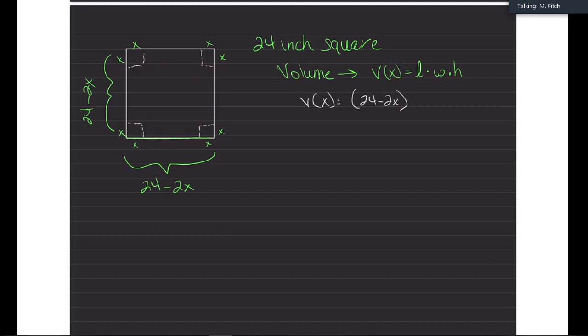My width, same thing, 24 minus 2x. And then my height was how much of those flaps I folded up, so I folded up an x. And then just to clean it up a little bit, I could just write it as like (24 minus 2x) squared times x.